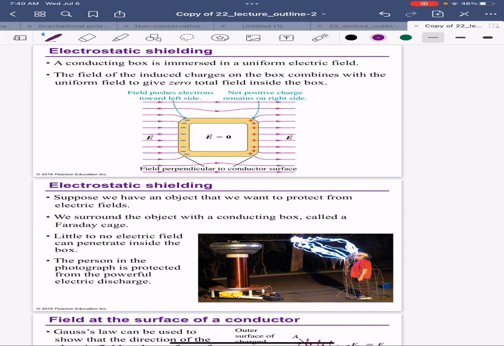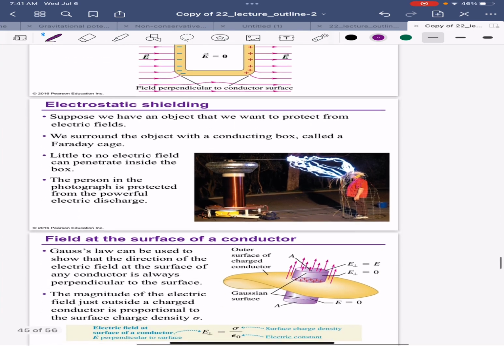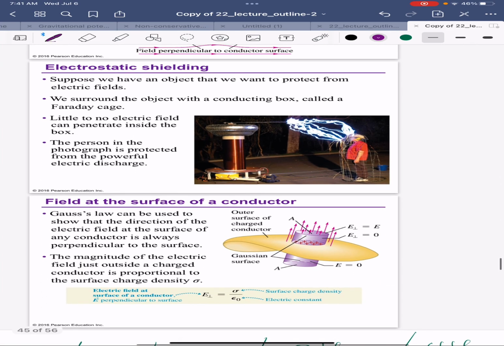We have an object that we want to protect from electric fields. We surround it with a conducting box. We call that a Faraday cage. And we have an external electric field that is going to make the electric field inside zero.